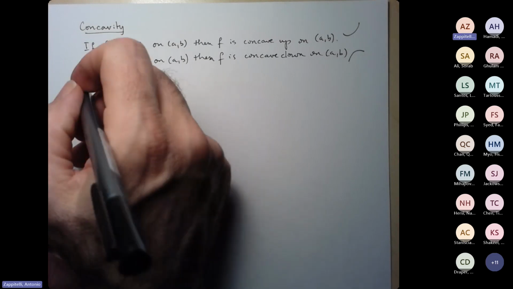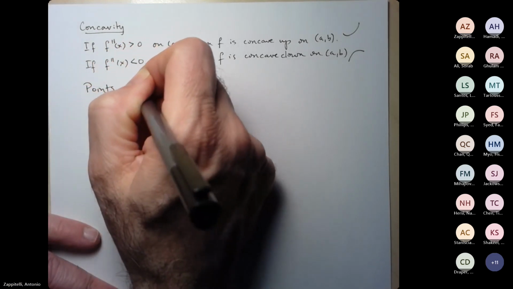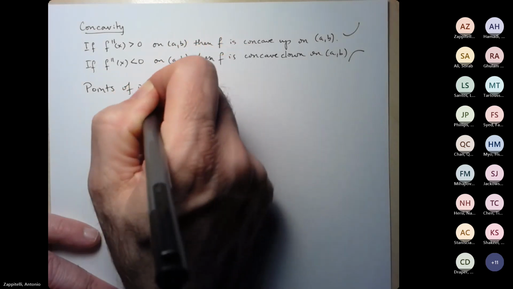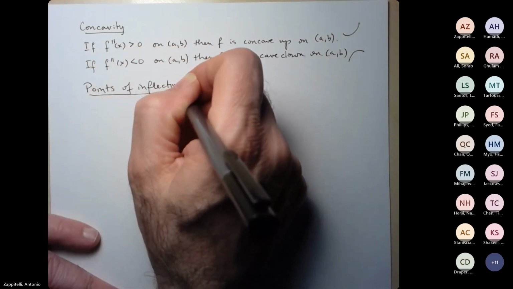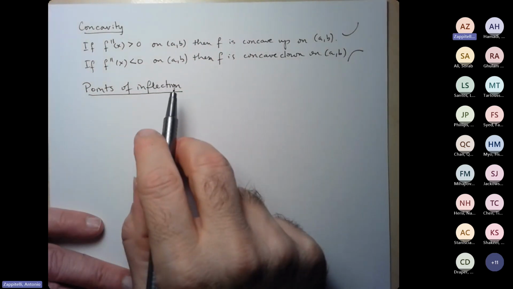Now we're going to look at points of inflection. What has to happen in order for there to be a point of inflection?